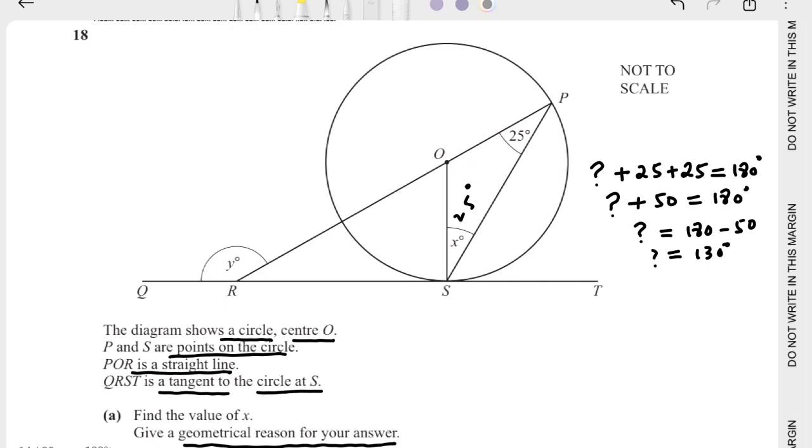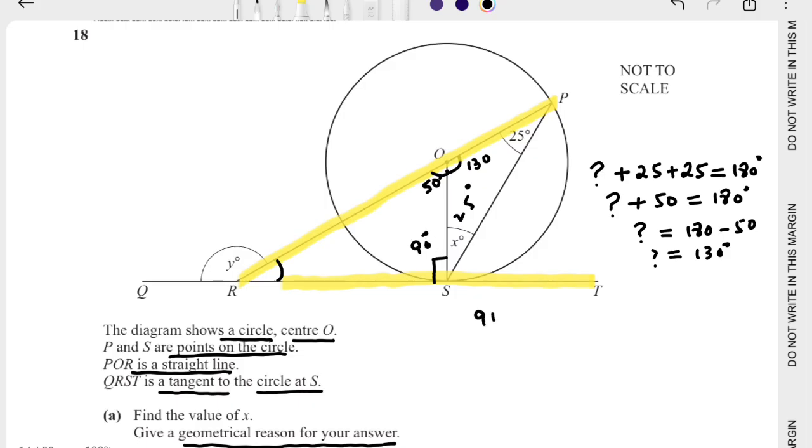So this angle would be 180 minus 50, which is 130 degrees. Now as ROP is a straight line, this angle would be 180 minus 130, which is 50 degrees. Now as this is a tangent, this angle would be 90 degrees. So we can find this angle first of all: 90 minus 50 is equal to 40 degrees.